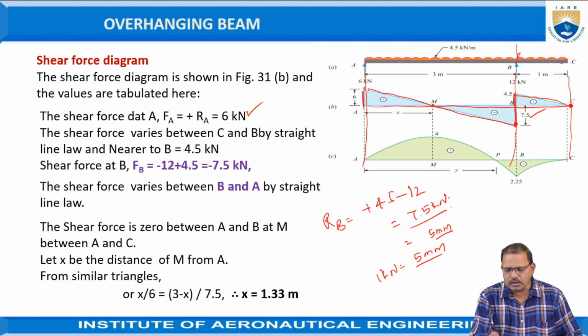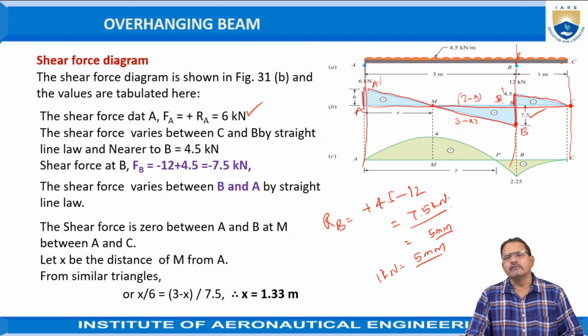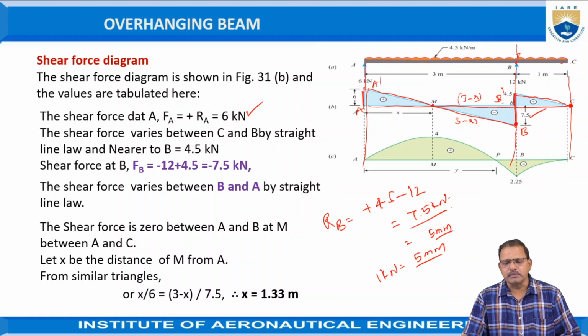Here I am taking A dash, M, and B, B dash. The distance between A and M is X, and the remaining distance is 3 minus X. Using these relations, we locate the position of point M at which the beam possesses the maximum bending moment.